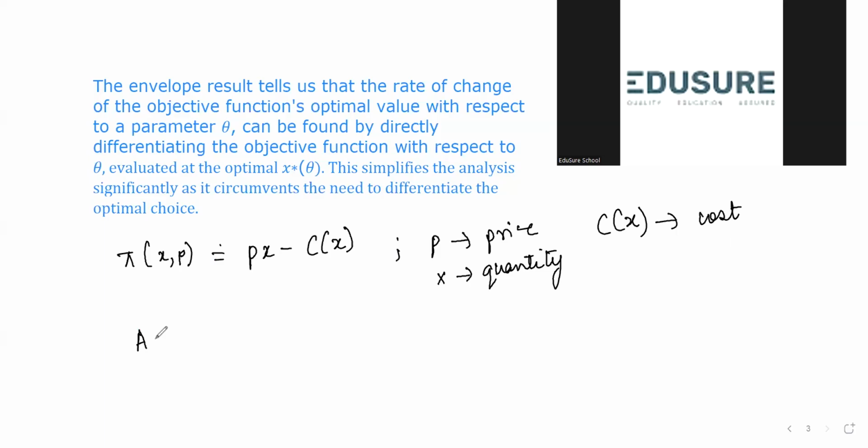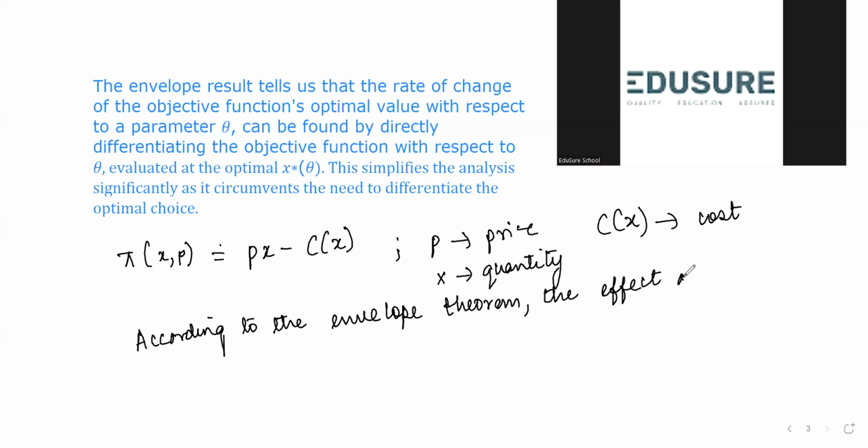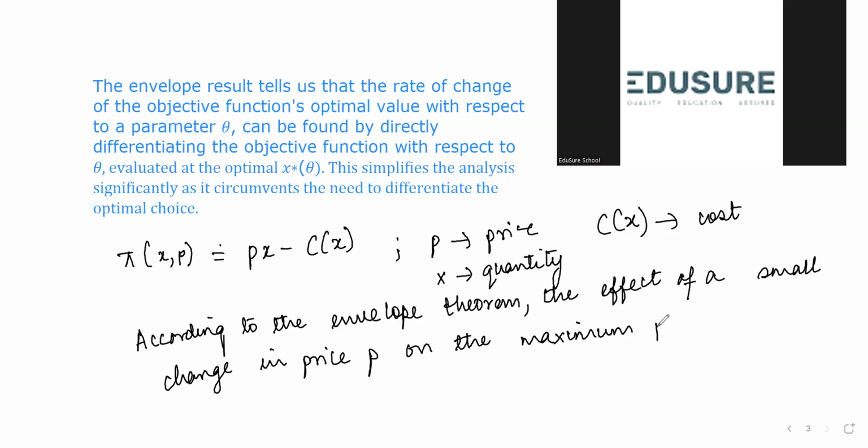So according to the envelope theorem, the effect of a small change in price p on the maximum profit can be found out by simply differentiating the profit function with respect to p.